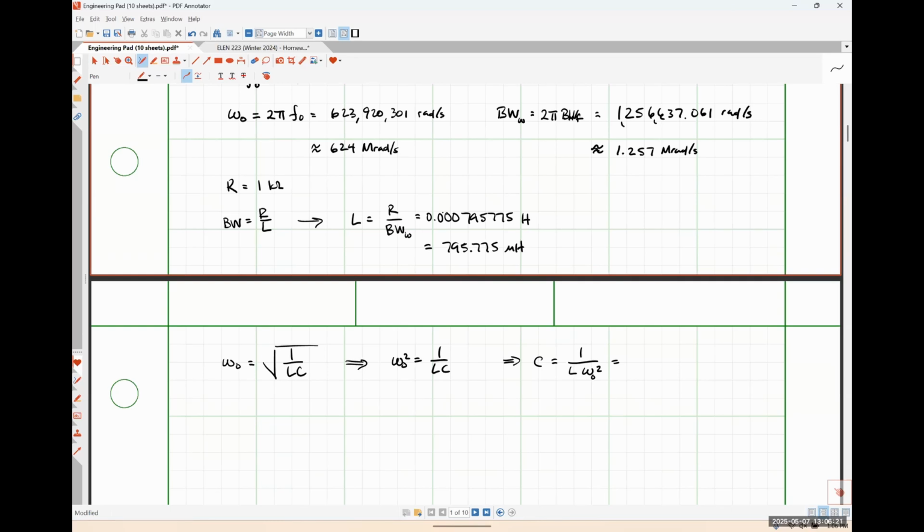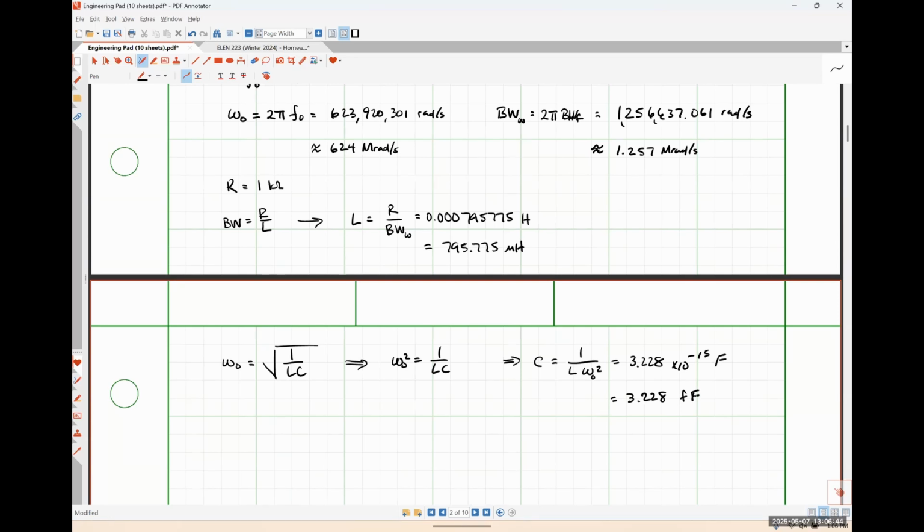When I just put it in a moment ago, I got 3.228 times 10 to the minus 15 farads, which would be 3.228 femtofarads. And I believe that's what you got as well. So let's try that. That seems the most reasonable number that we've gotten thus far.